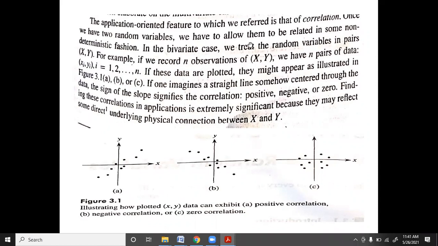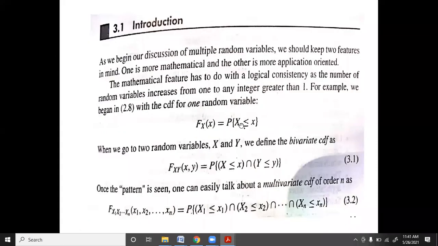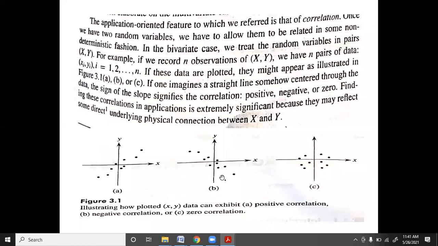And corresponding to that, if the two random variables have a correlation, meaning a relationship between each other, more the correlation, more will be the value of the CDF. Lesser the correlation, lesser will be the value of the CDF of the two random variables.